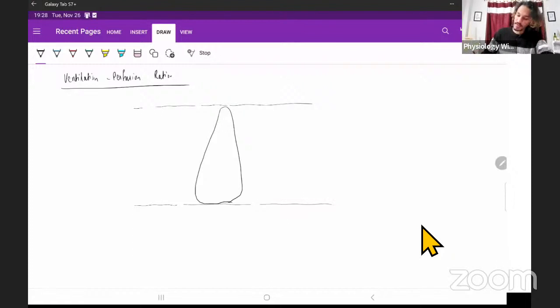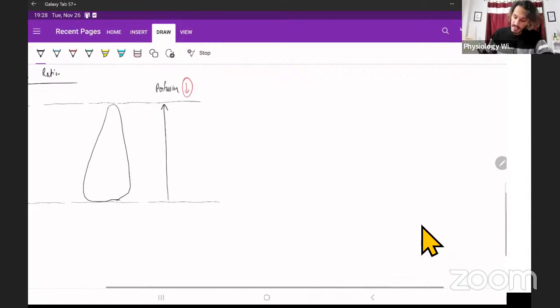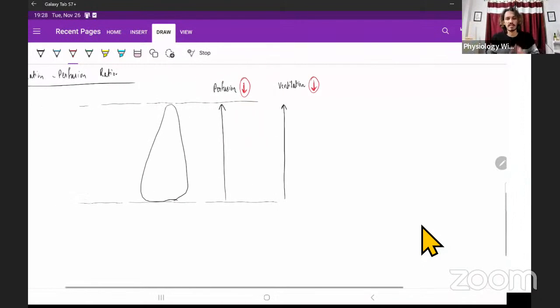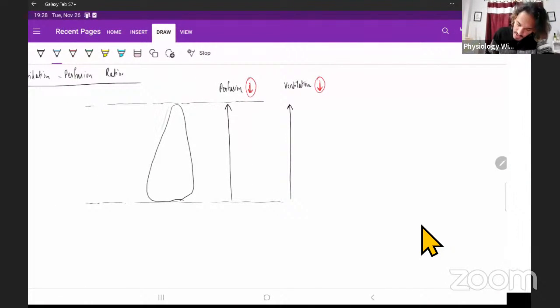What did we see so far? When we move up, what happens to the perfusion? Perfusion decreases. Yesterday we had seen how, when we go up, ventilation is also reducing. How? It's based on something we talked about yesterday. The pleural pressure in the lung is not constant throughout.